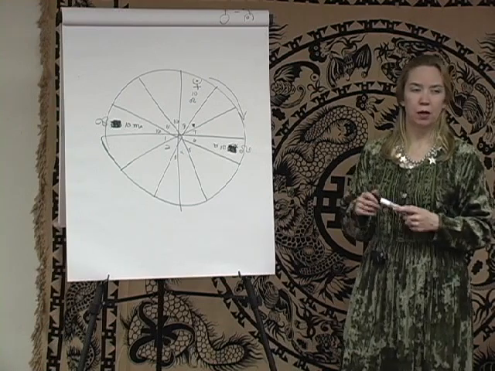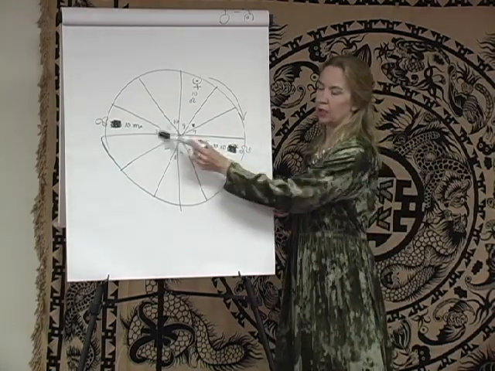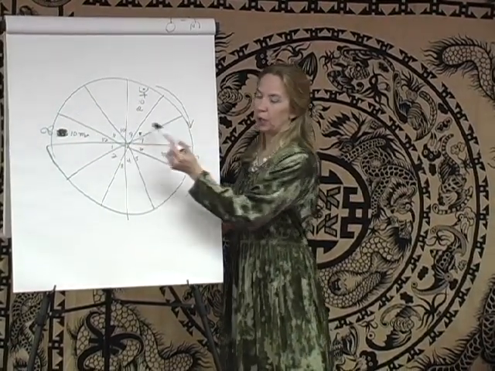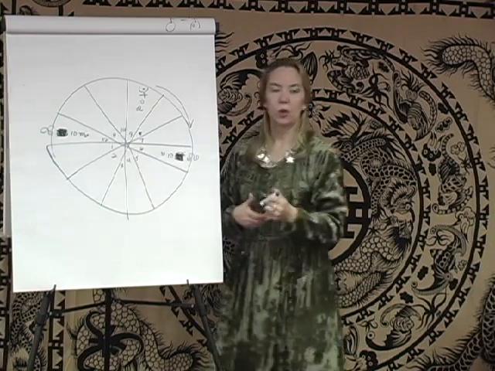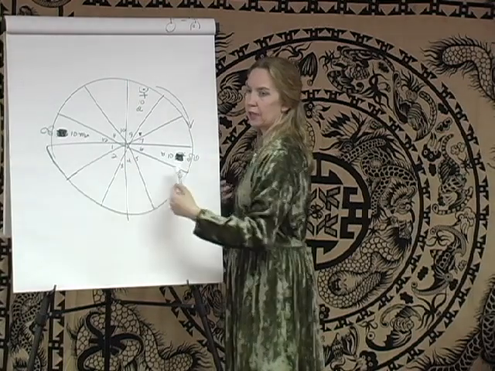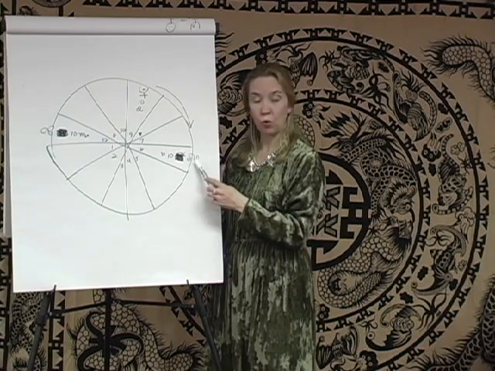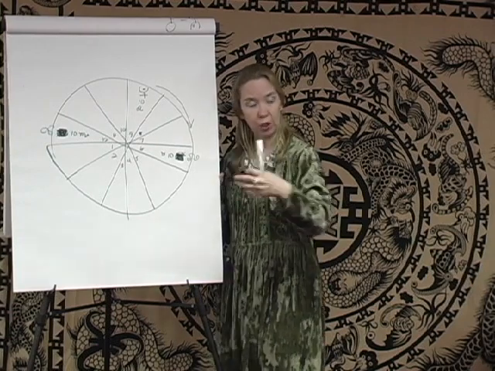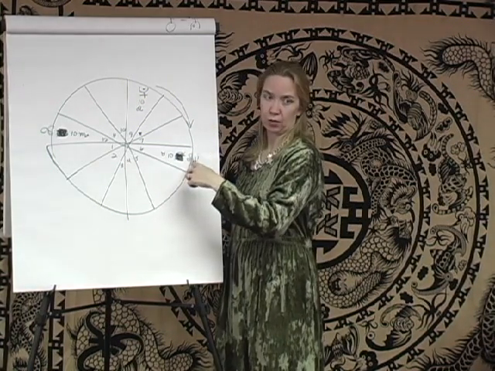You always compare the faster moving planet to the slower moving planet going counterclockwise, like the numbers do. The exception is that when it's comparing any planet to the nodal axis, you go clockwise. So even if a planet is not square the nodal axis, if you're wanting to compare any of your planets to the north node to see how you're moving forward with growing emotionally, you take that planet and you go clockwise till you get to the north node.